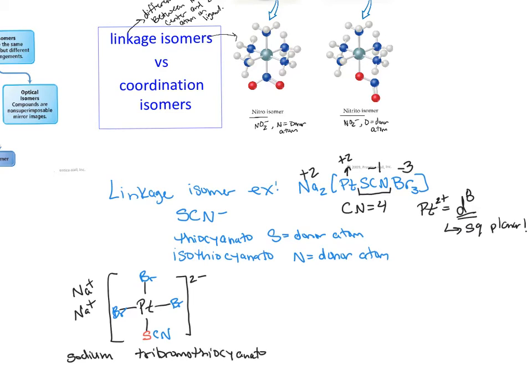And this is a complex anion, so we will name it platinate(II). Again, ending in -ate because this is a complex anion, so we end in -ate. So that would be one linkage isomer. The other linkage isomer, I will draw it the exact same way.